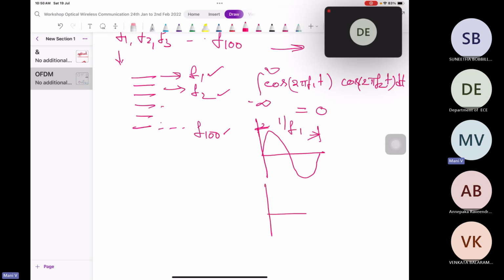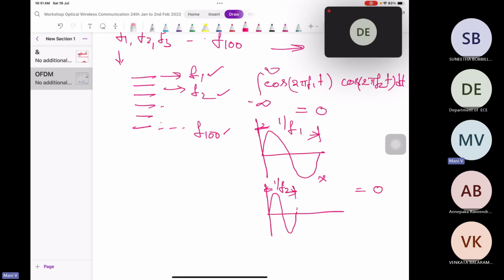I'll take another signal having frequency f2, with period 1 by f2. Now, if you multiply these two, what is the resultant output? Will you get 0 or not? For any two different carrier signals, if you multiply them, the resultant answer is 0.